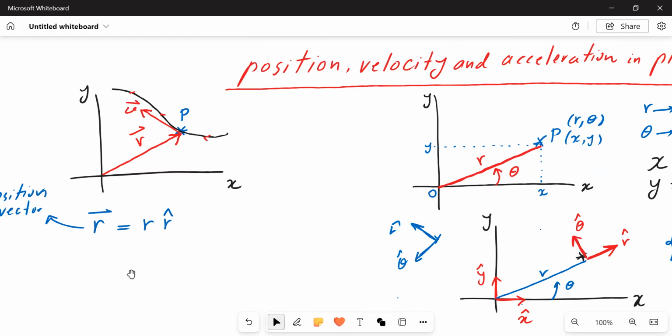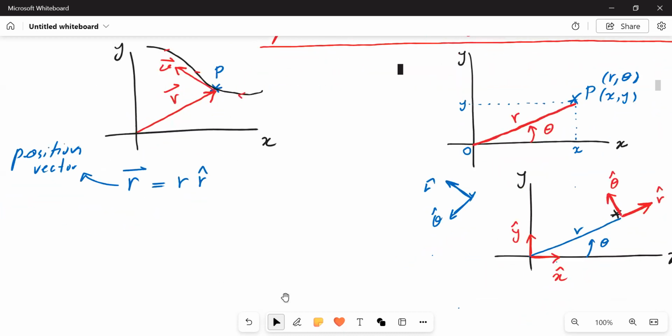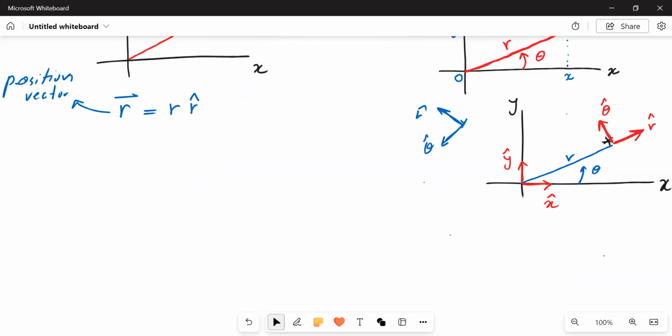And the reason that it's tangent is because velocity is nothing other than the time derivative of the position vector. So I'll write that down here. We know from classical mechanics that the velocity of a particle is defined as the time derivative of the position vector.